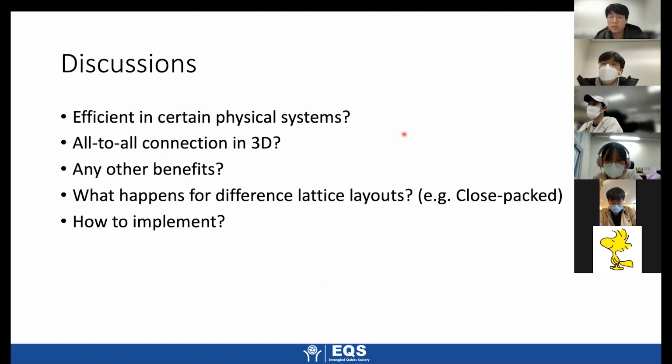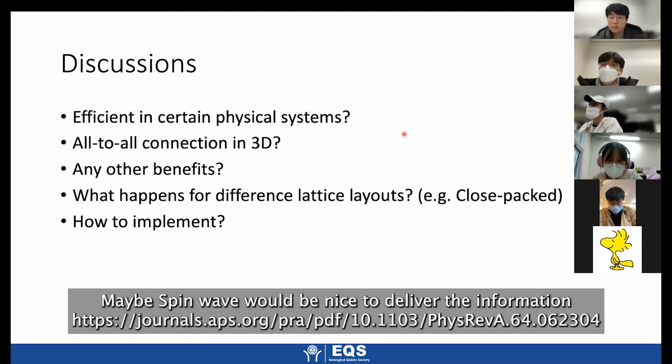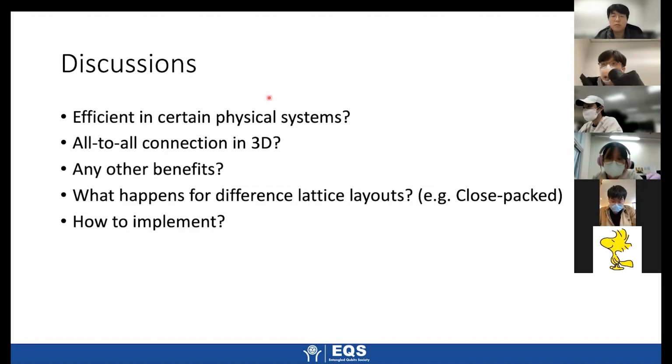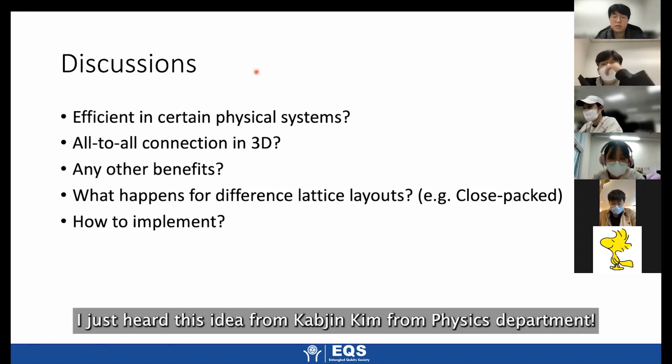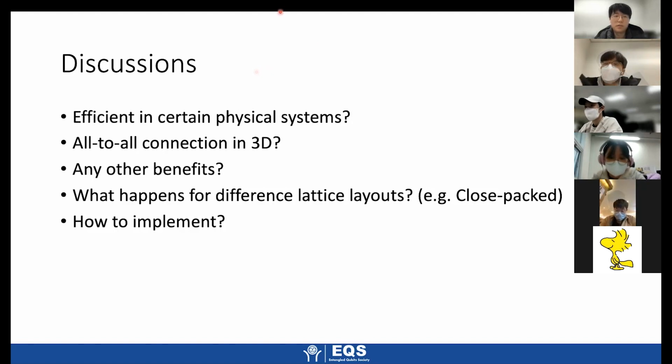So what do you think? What would be other physical systems we can use? Spin wave. Can you explain more about spin waves? Let's move on to the next discussion topic.